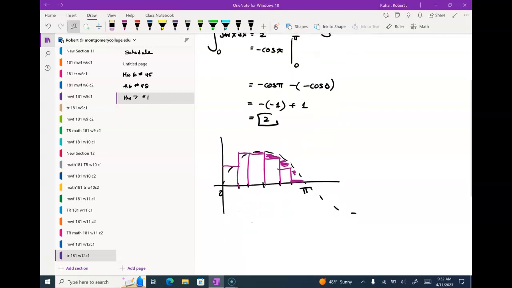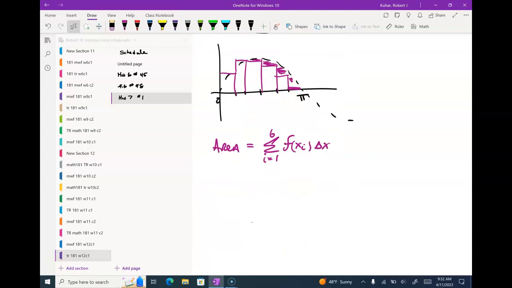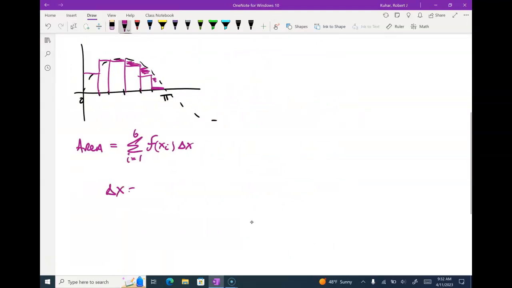I need to find, so I know this approximated area is equal to the sum from i equals 1 to 6 of f of x sub i times delta x, right? And delta x for me is b minus a over 6, so pi minus 0 over 6. So it's pi over 6.